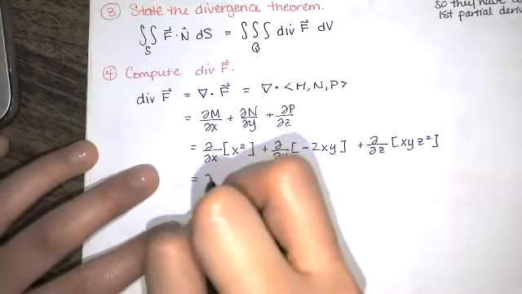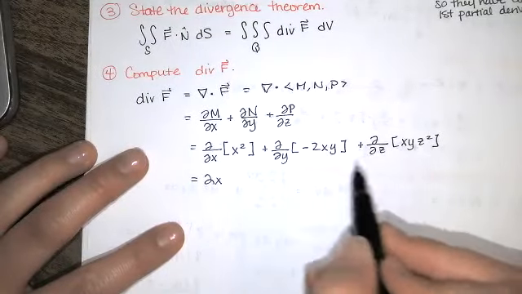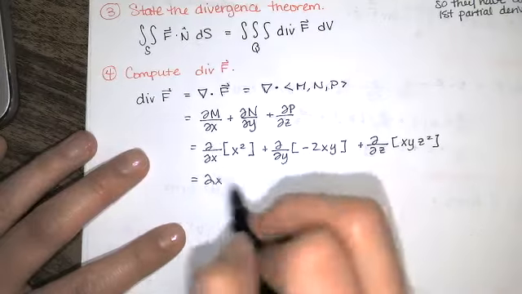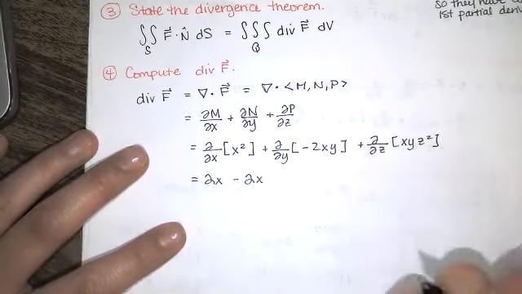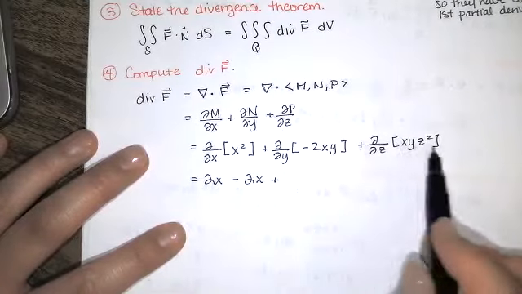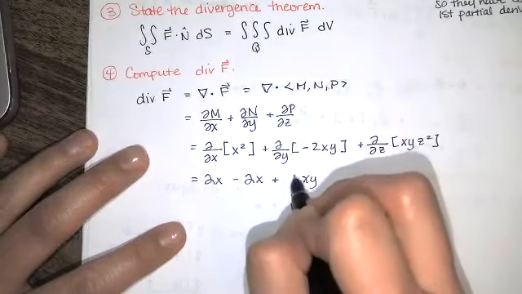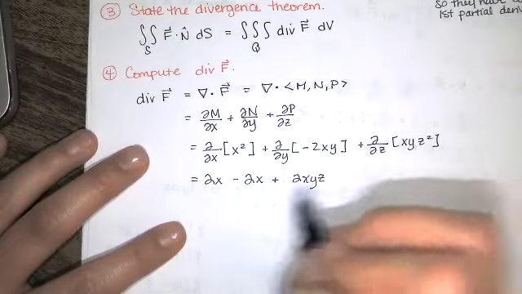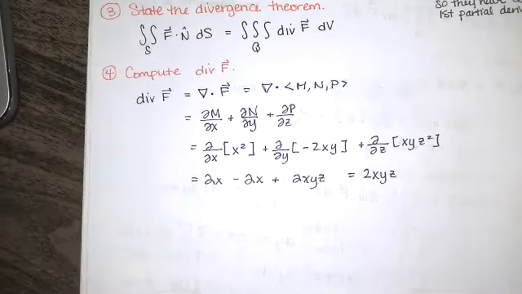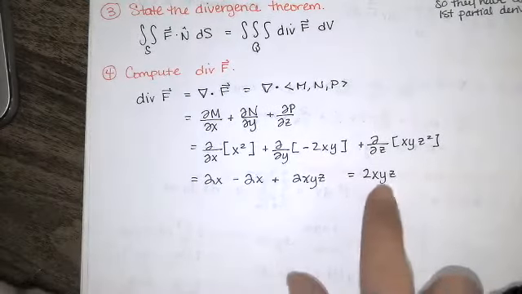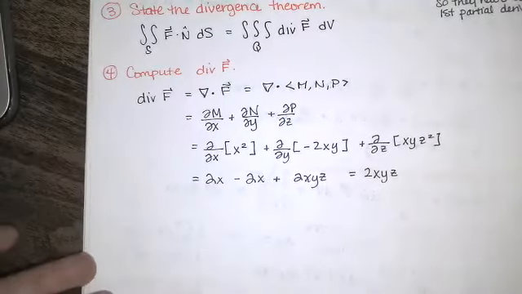So we get 2x, and the partial of this expression with respect to y, that's a constant times y, so we'll just get the constant, minus 2x, plus the partial of this with respect to z. xy is a constant, the derivative of z squared with respect to z is 2z. So we get 2 times x times y times z, and we're going to integrate that over Q.